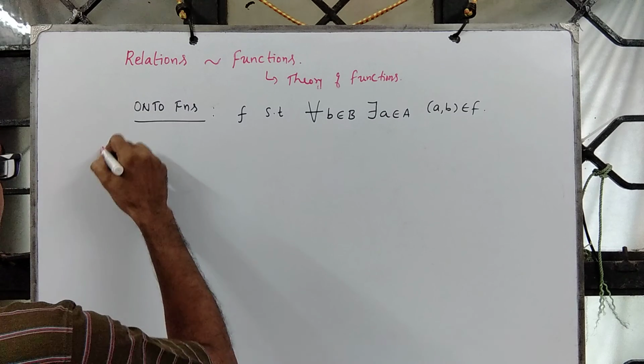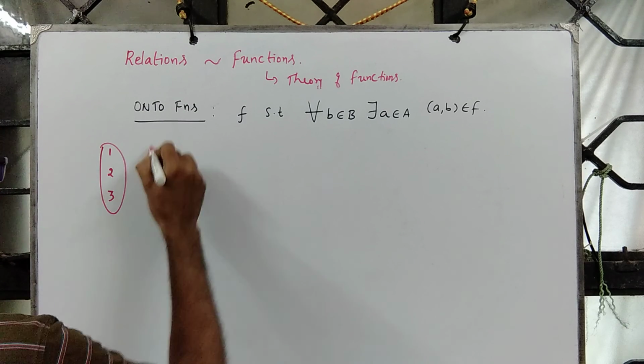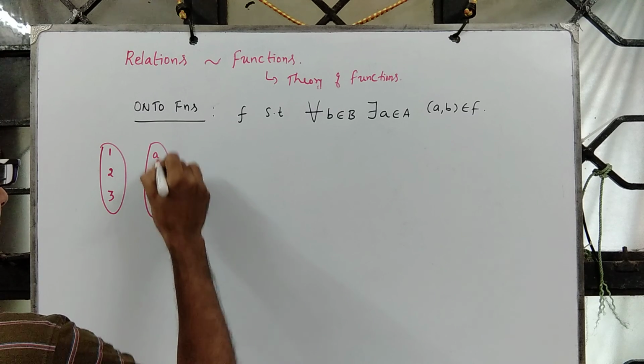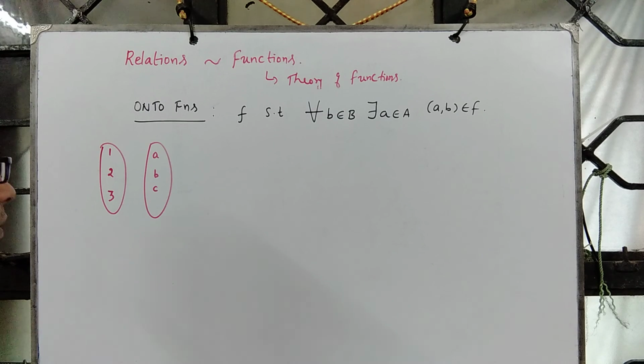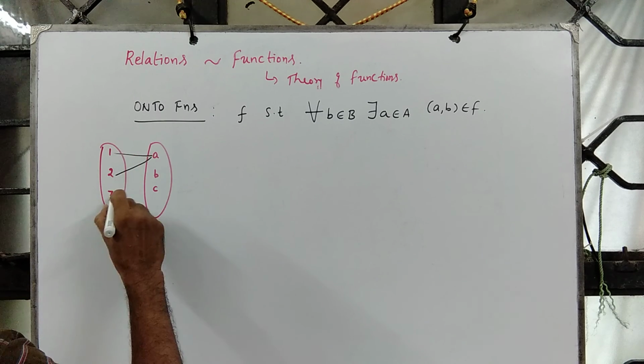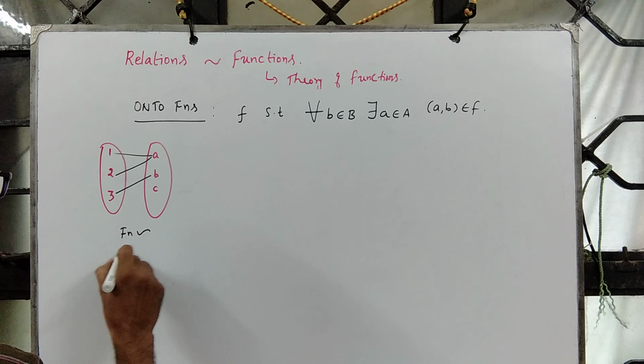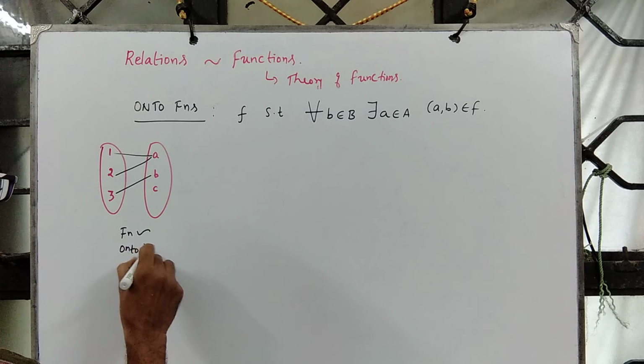For example, if you look at this function, 1, 2, 3 on the domain and say A, B, C on the codomain, suppose we say 1 is mapped to this, 2 is mapped to this, 3 is mapped to this, then this is a function, but this is not onto.